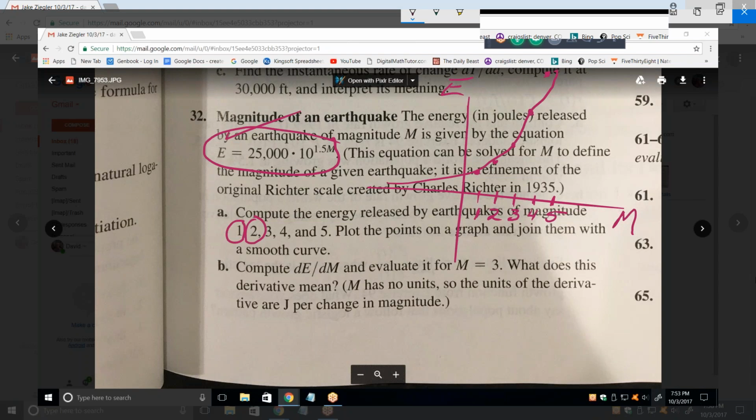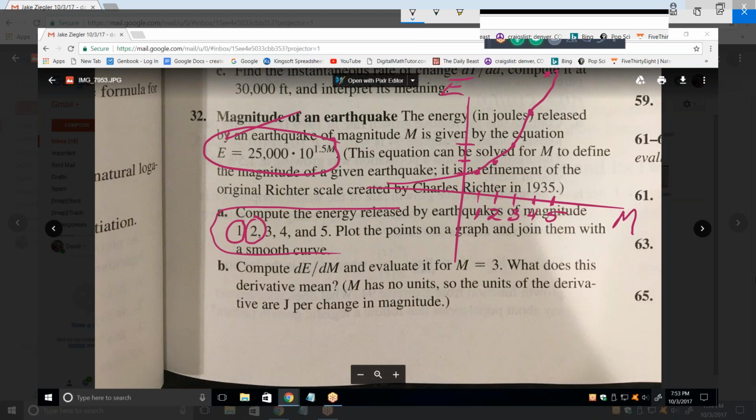In other words, if we did the exercise exactly as they're suggesting, this is what it's going to look like, what I've drawn here. With various levels, you're going to come up with an energy level at magnitude 1 and an energy level at magnitude 2 and 3 and so forth. But it's going to look exponential in nature.